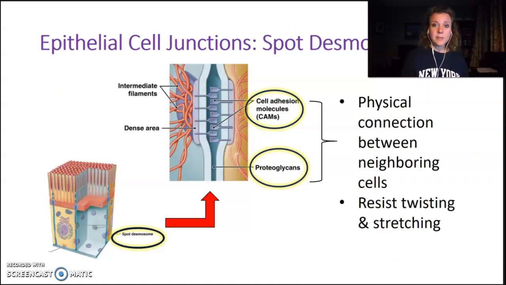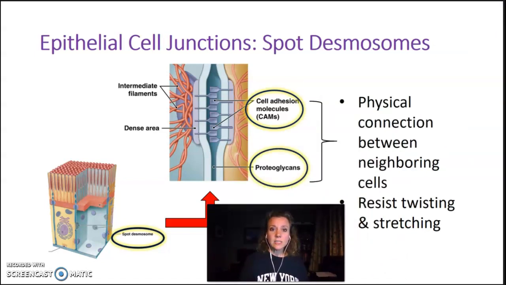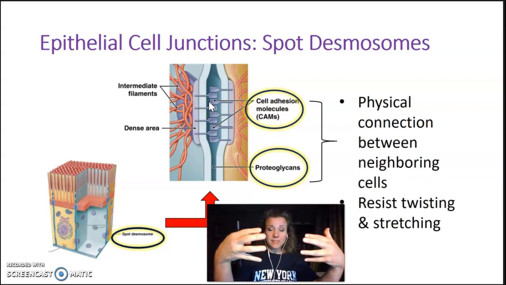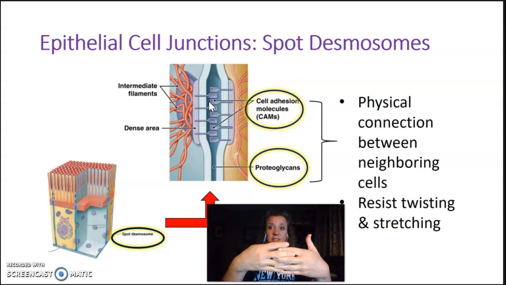The next type is called a spot desmosome. And this is where the CAMs are going to come in, our cell adhesion molecules. Like I said, they are transmembrane proteins, which means that they are going to go through the membranes of their own cells and then connect and interlock with the CAMs from an adjacent cell.